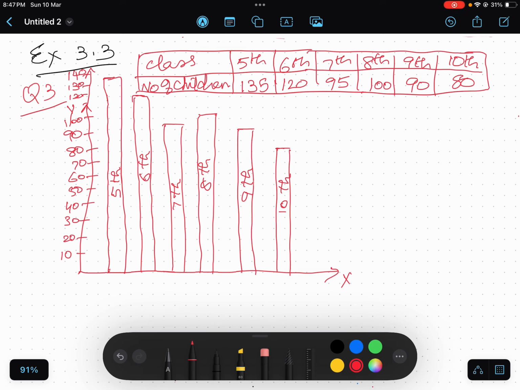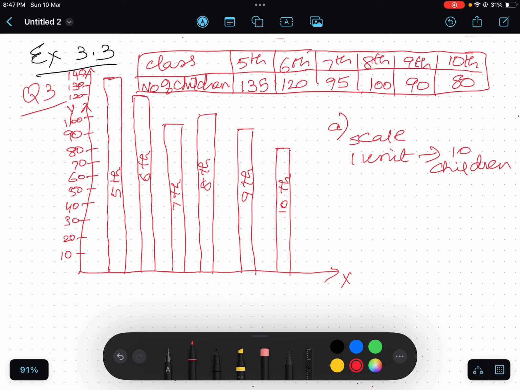Next, they have asked how would you choose a scale. For the scale, I already took 10 children.